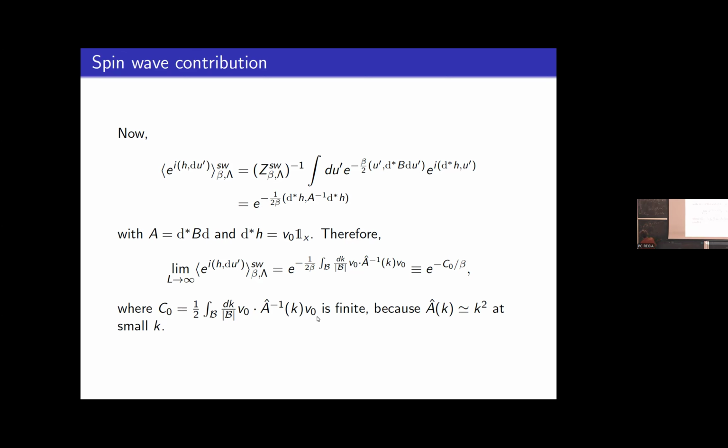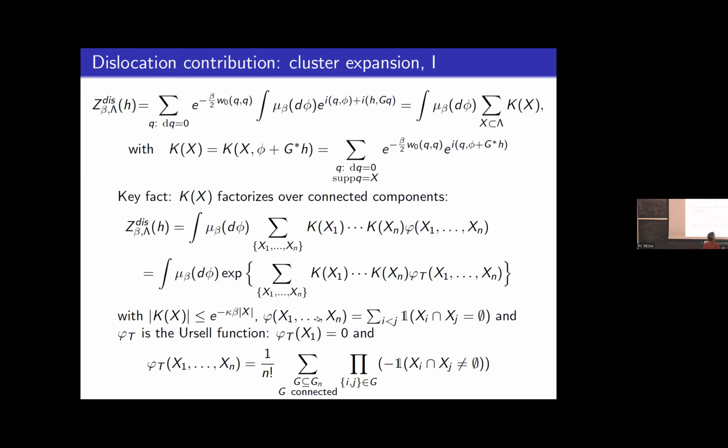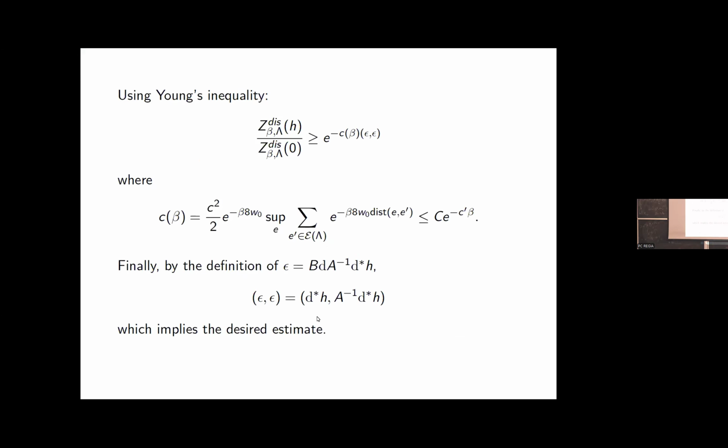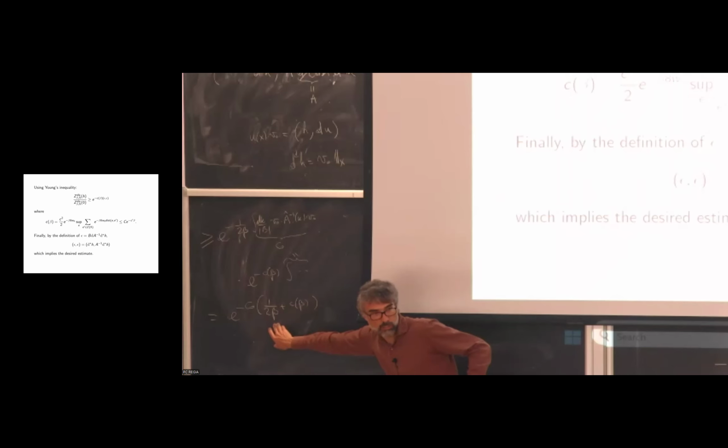So this means that the lower bound is of the form e to the minus C0 times 1 over 2 beta plus this constant C of beta. But this constant C of beta is exponentially small. So the contribution from the dislocations is just an exponentially small correction to the 1 over beta.